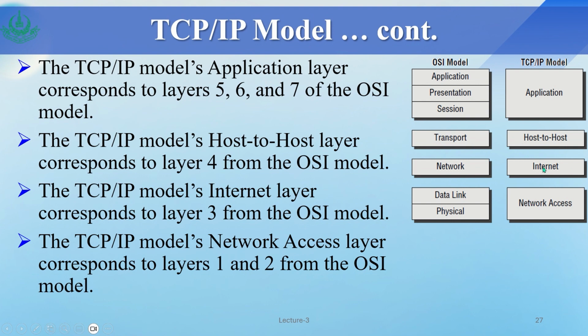The TCP/IP model internet layer corresponds to layer 3 of the OSI model, called the network layer, and the TCP/IP model network access layer corresponds to layers 1 and 2 of the OSI model, that is, the data link layer and the physical layer.